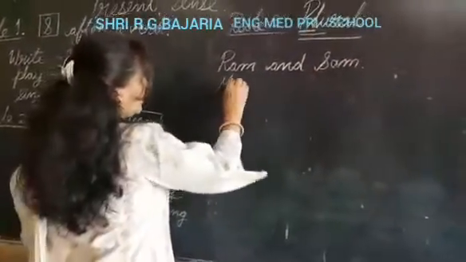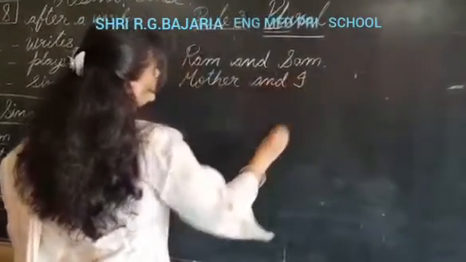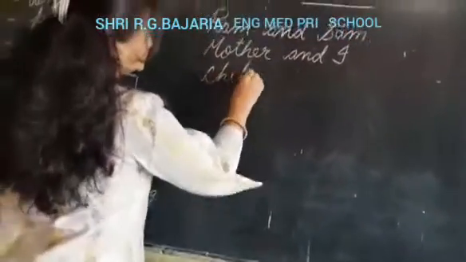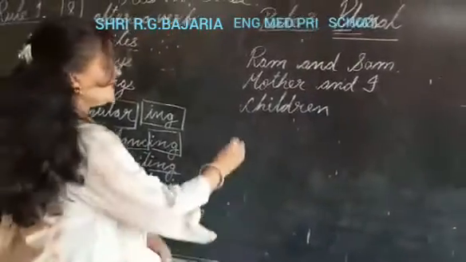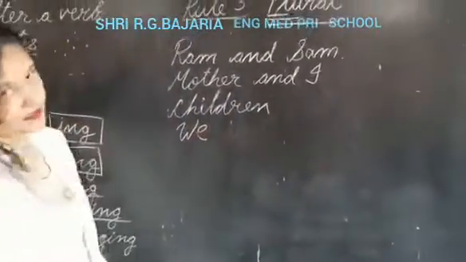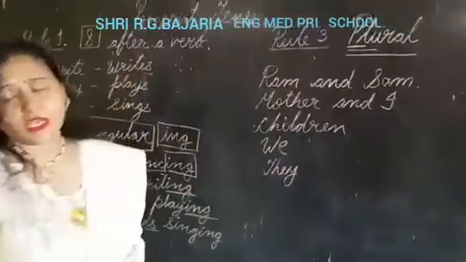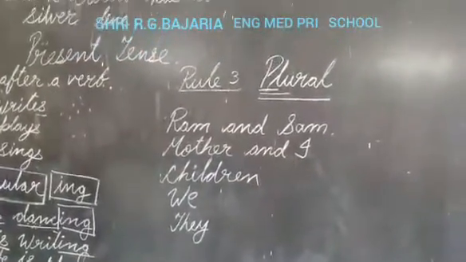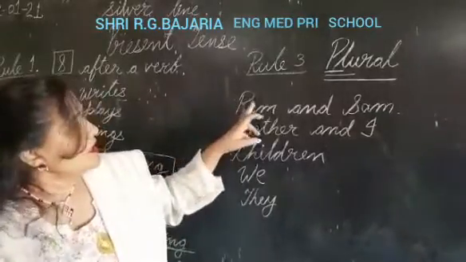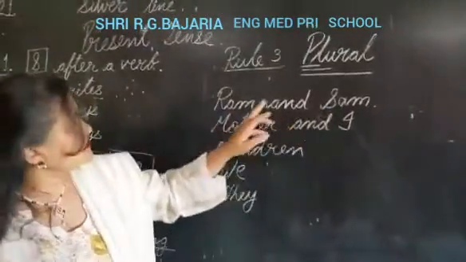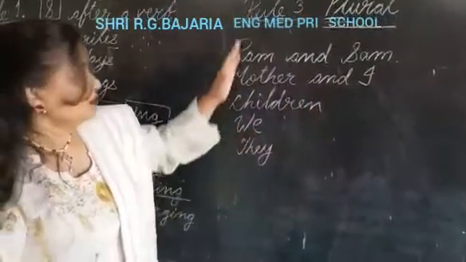Mother and I. Children. We. They. And so on and so forth. These are the nouns or pronouns that we use for plural. Okay, now let's begin.